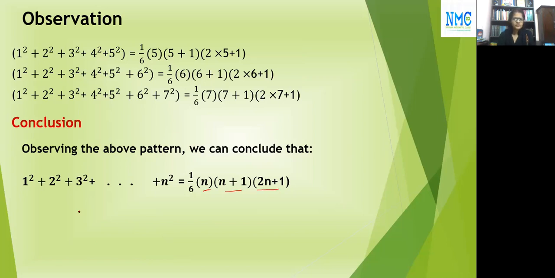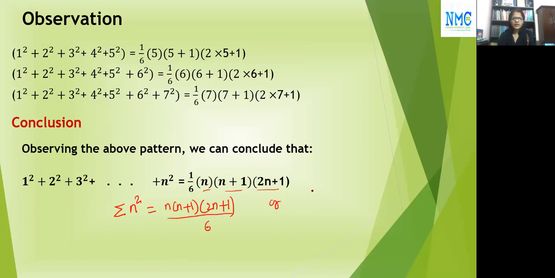So our conclusion is the sum of the squares of the first n natural numbers is 1 by 6 of n into n plus 1 into 2n plus 1. Or we may write it as the summation of n square: sigma n square is n into n plus 1 into 2n plus 1 divided by 6.